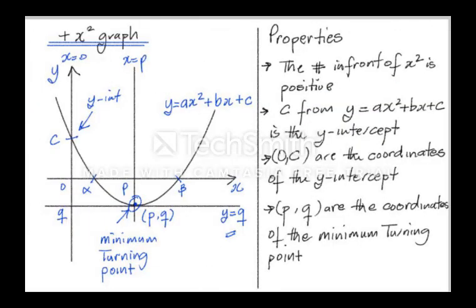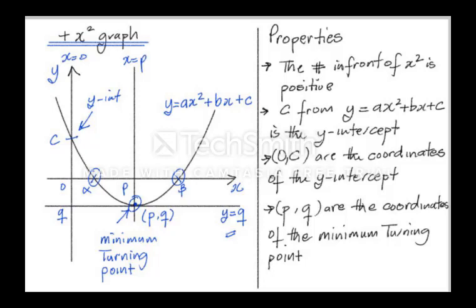So x is equal to alpha, which is here, and x is equal to beta, which is here. Those are the roots of the function ax squared plus bx plus c.